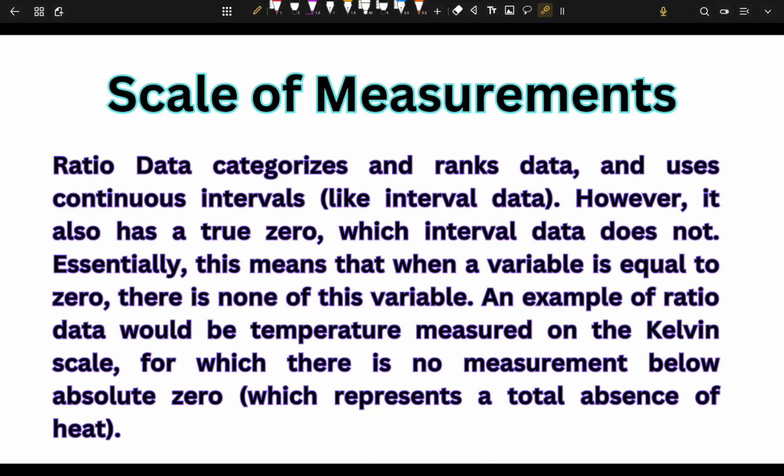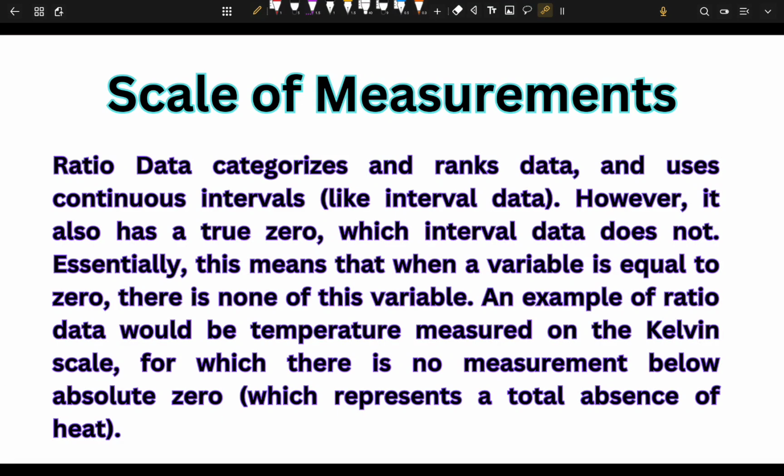Lastly is yung ating ratio data. Ratio data categorizes and ranks data and uses continuous intervals like interval data. Ibig sabihin po, lahat ng characteristics na meron yung mga nauna nating data ay kino-contain ng ating ratio data.